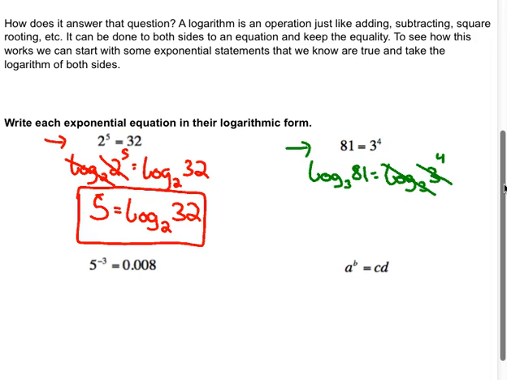They undo each other, setting that exponent free. And once again, if you notice, this logarithm does answer the question: what power does 3 need to become 81? Well, it needs 4. So that's the answer to that logarithm. It's what that logarithm equals.